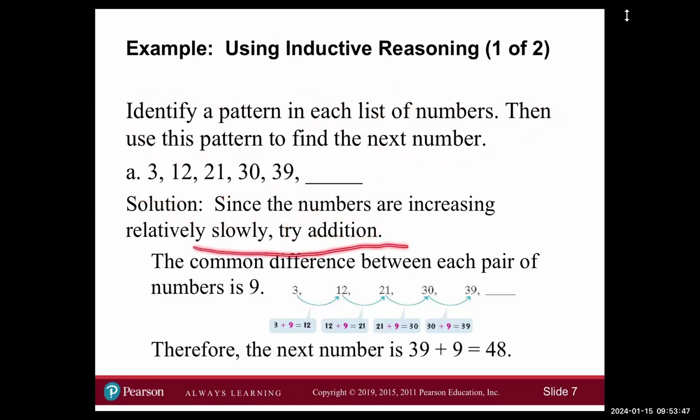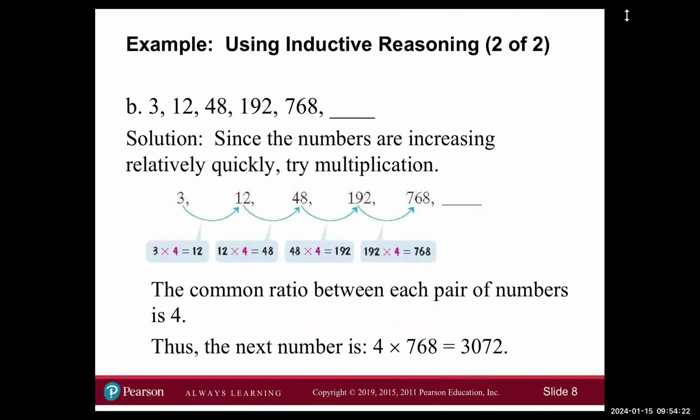The common difference between each pair of numbers is 9. How do we know it is 9? Because the second one minus the first one, 12 minus 3, equals 9. Or 3 plus 9 equals 12, 12 plus 9 is 21, 21 plus 9 is 30, 30 plus 9 is 39, and adding another 9 gives 48.